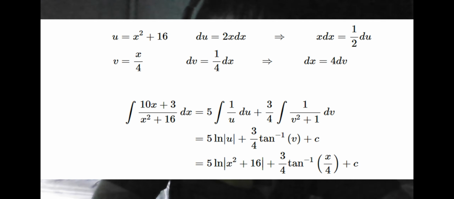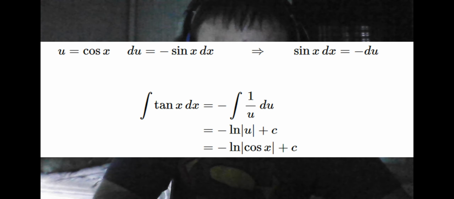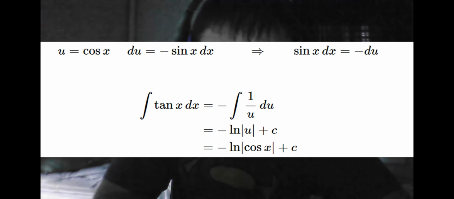Lastly, we can rewrite functions that appear to be only a single function and use the substitution rule on them as well. For example, the integral of tangent is the integral of sine over cosine by definition of tangent. We see if we take u to be cosine of x, change in u to be negative sine of x times change in x, we can see that sine of x times change in x must be negative change in u.